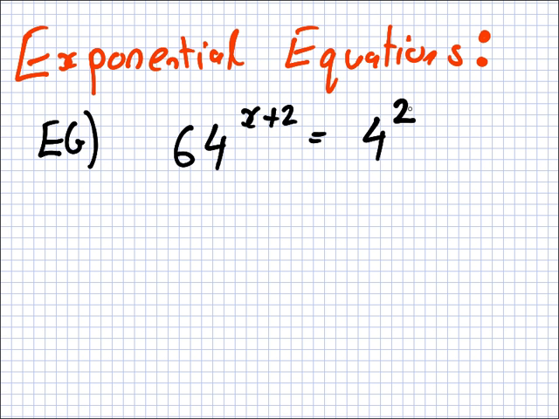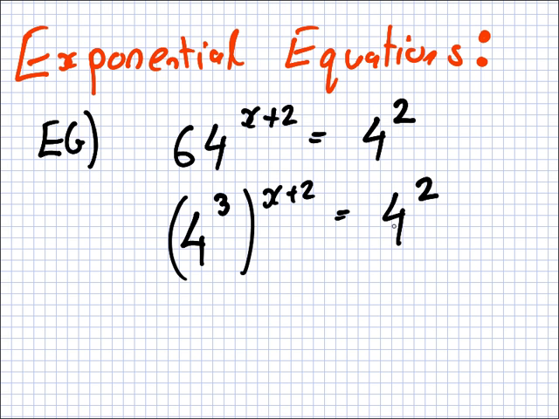Anybody have any ideas on what to do here? We should do something with the 64, shouldn't we? What should we change it to? 8 squared, or maybe 4 power 3? 4 power 3 to the x plus 2 equals 4 squared.